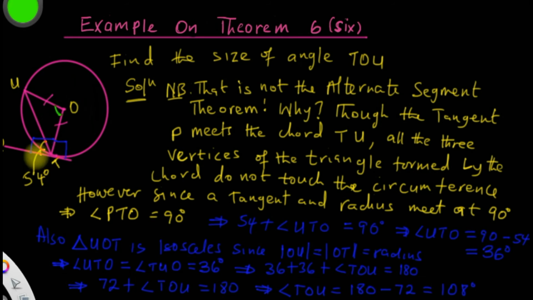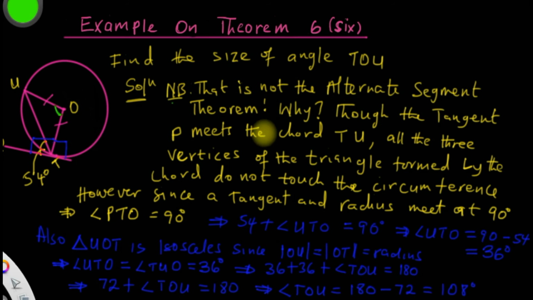In this question we are told that this angle is 54 degrees. So don't think that this angle which is 54 is also equal to this angle which we have to find. That's why we say note that this is not the alternate segment theorem.